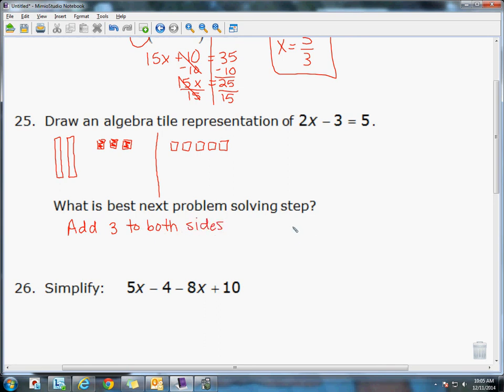So you still have your 2x, you still have the -3, and you still have the 5. But to show that you're adding 3 to both sides, since these are 3 negatives, you want 3 positives. And once you do it to one side, you have to do it to the other. And that's just showing that you're adding 3.